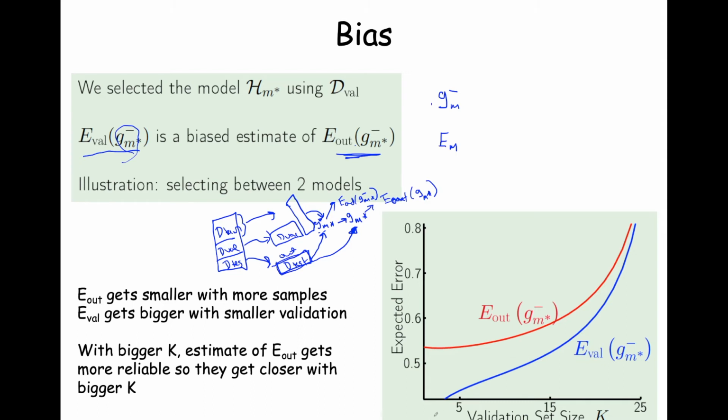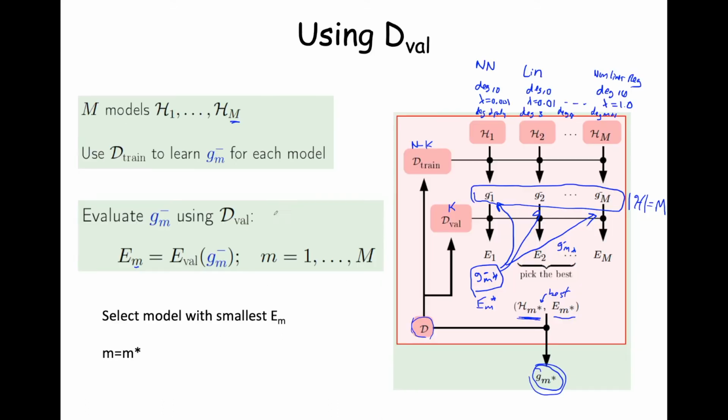So the second thing we look at is this validation error, E val on g_m minus. And you might wonder, well, why is E val of g_m star minus getting bigger? Let's see what happens. As validation set size K gets bigger, D train gets smaller. And if D train is smaller, that means each one of these g_m minuses is going to have worse performance.